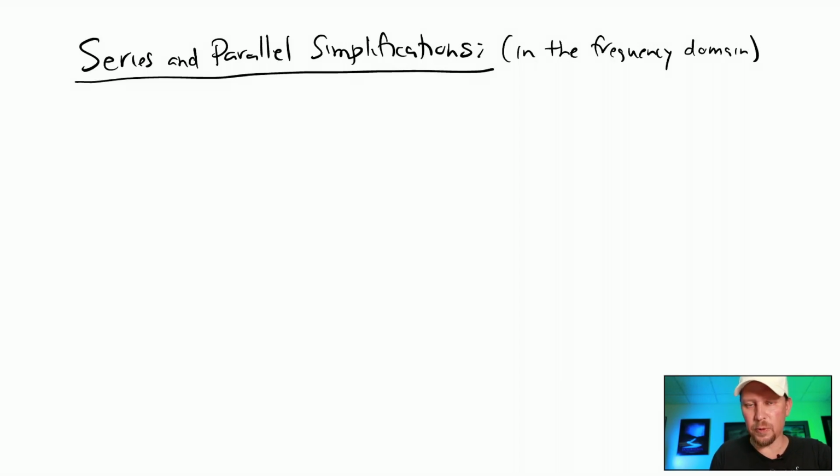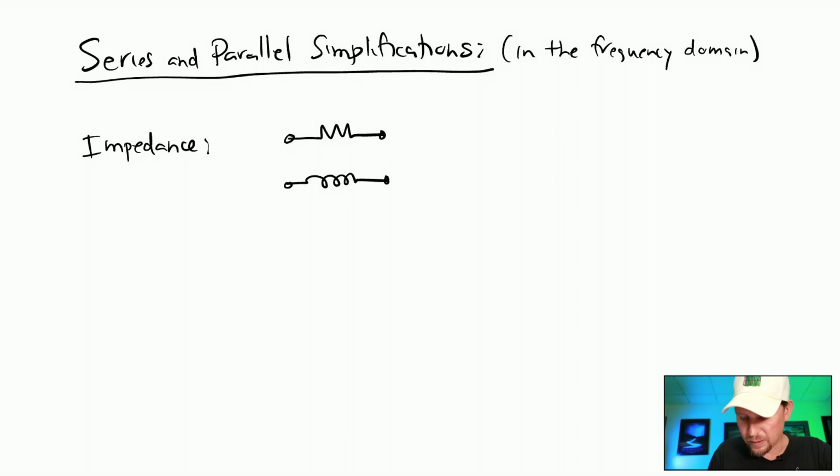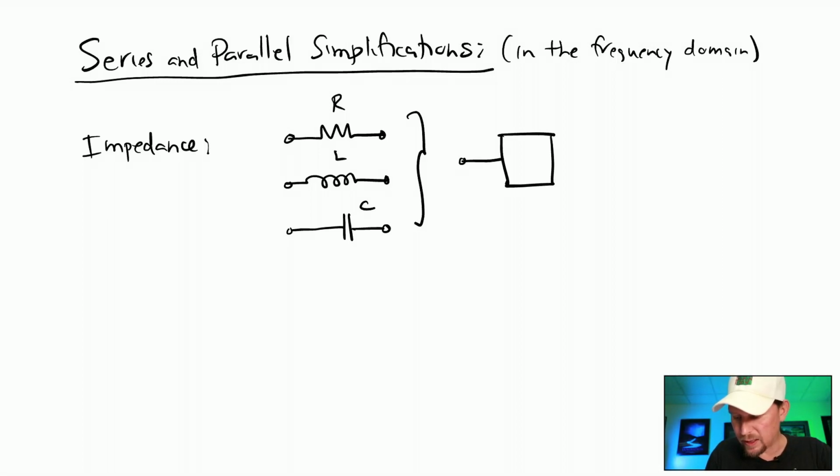The first thing I want to talk about is the representation of impedance. We know that resistors themselves are represented with a circuit element that looks like this. Inductors look like that, and capacitors look like this. In the frequency domain, all of these are replaced by impedances, and the impedance is given a black box with the letter Z inside.